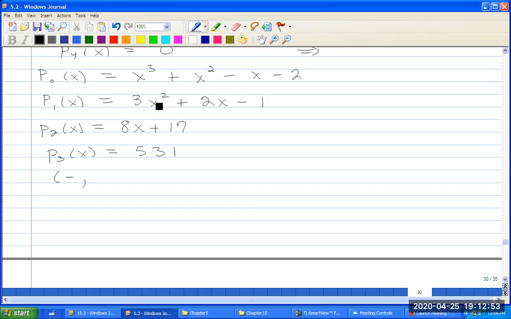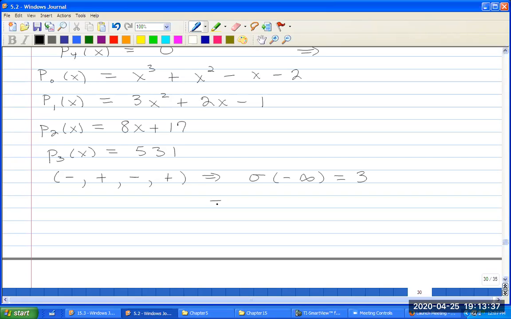I need to get control back of the screen. I got to remember what I was doing. So negative, positive, negative, positive. So the number of sign changes at negative infinity was equal to 1, 2, 3. So there was 1, 2, 3 sign changes.